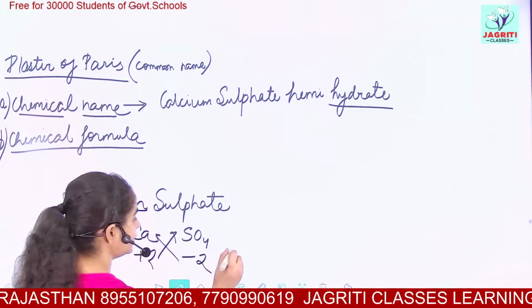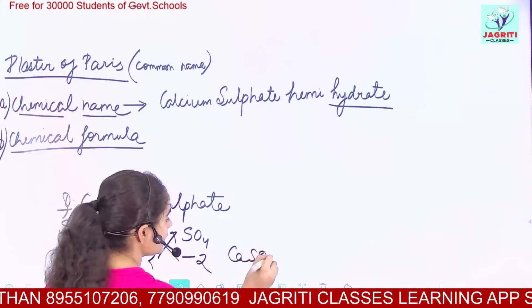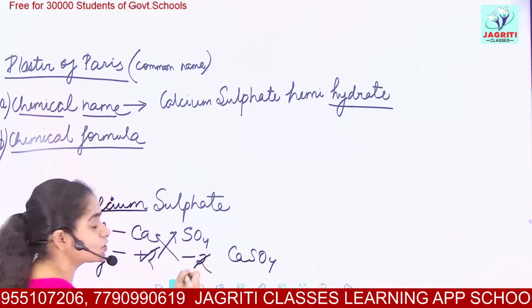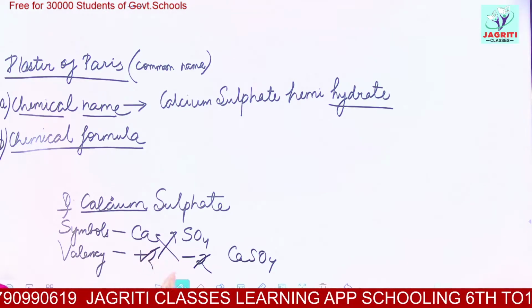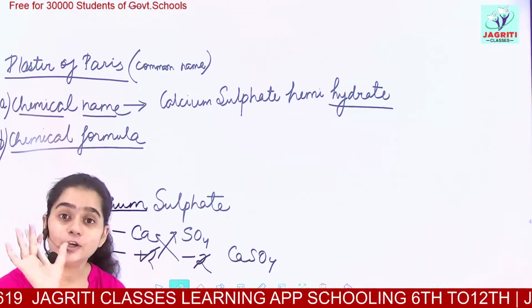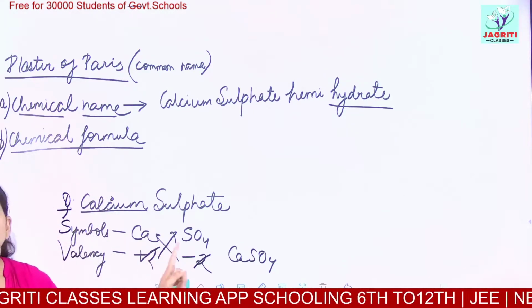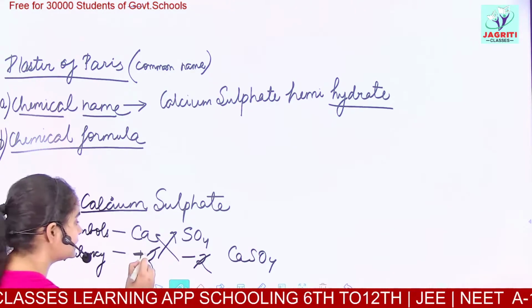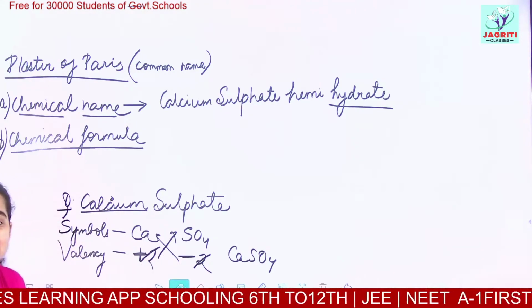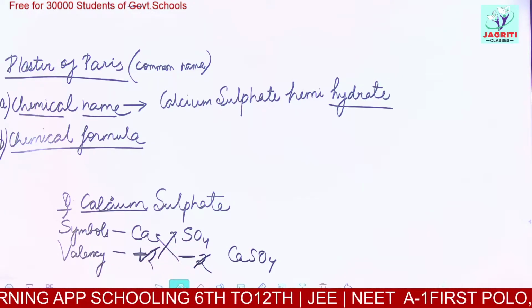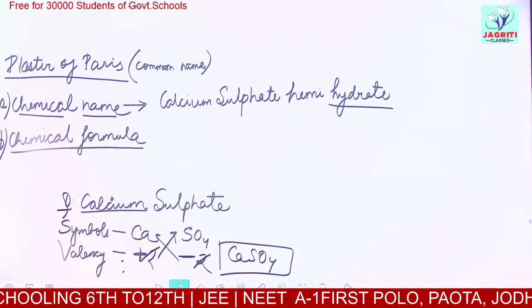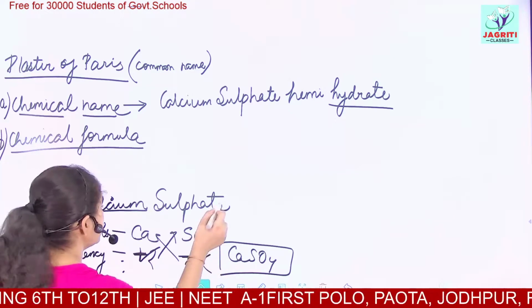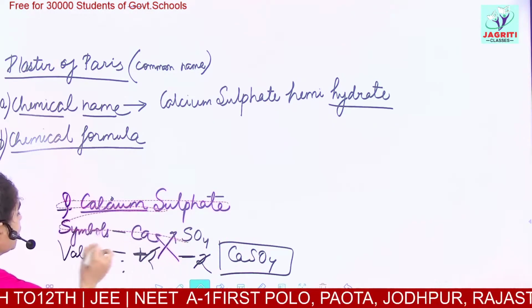So the formula is CaSO4. +2 and -2 cancel each other. When the numbers in the valency are equal in magnitude, both 2 and 2, and you have opposite signs, plus and minus, then these exactly cancel and you get the formula as CaSO4.